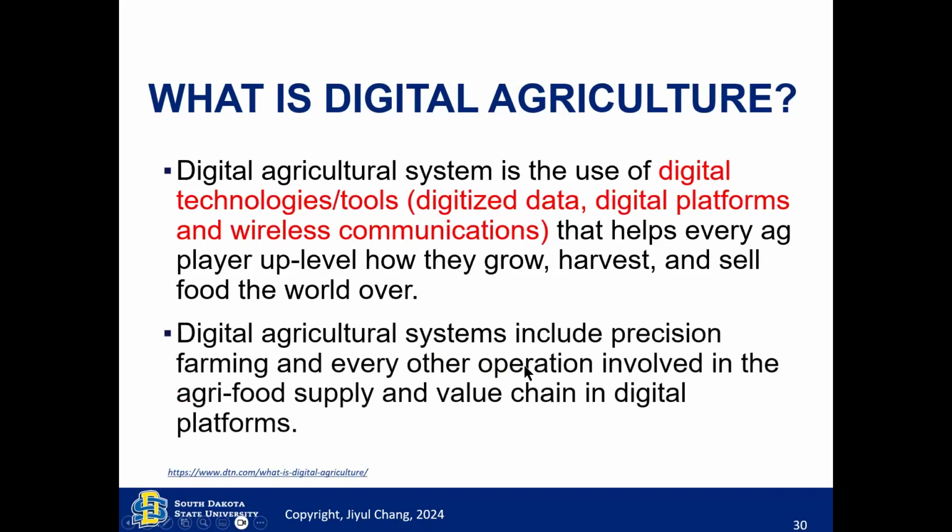These digital systems include precision agriculture as well, because precision agriculture uses digital systems and digitized data. And also every other operation involved in the agri-food supply and value chains is on digital platforms. So basically right now, digital platforms cover the whole food chain from the farm to the table. So understanding digital agriculture is understanding the reason and the future of the agriculture system.